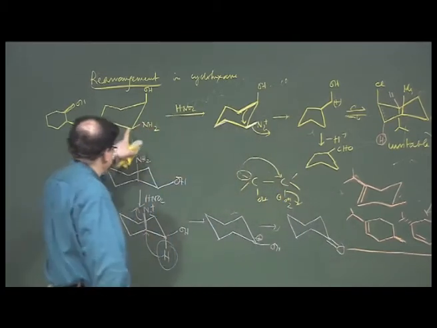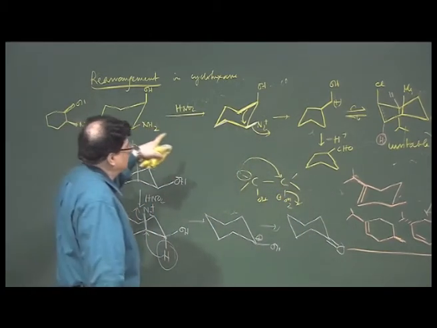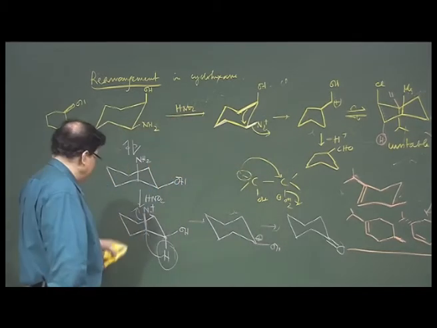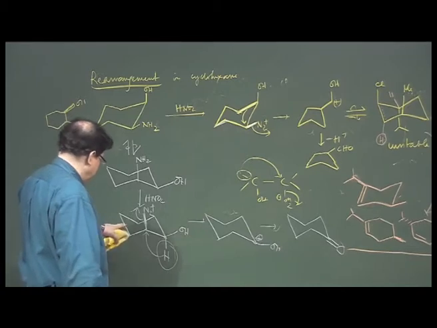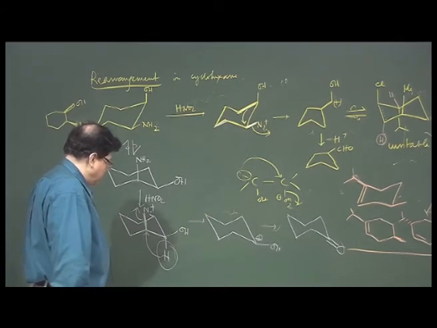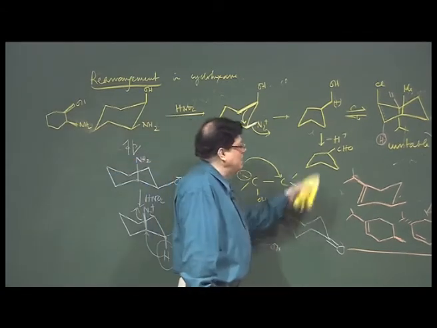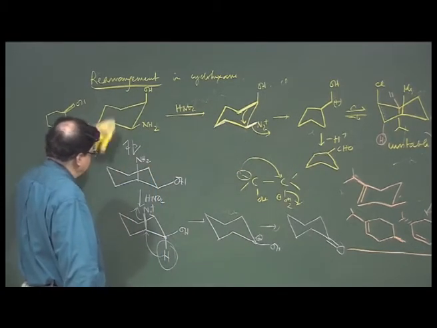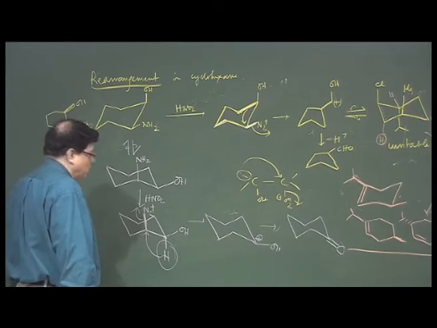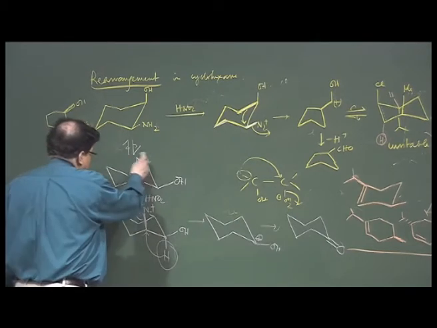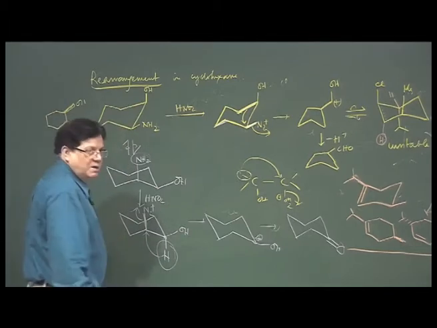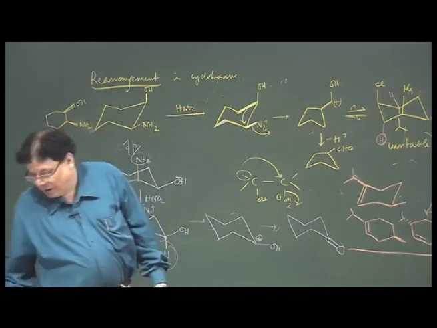So, in one case you get cyclopentane aldehyde and in the other case what you get is cyclohexanone. So, ultimately you will get a mixture of the two, because there is hardly any energy difference between these two conformations, because their steric bulk is more or less very similar, and in both the cases one is equatorial and the other is axial.